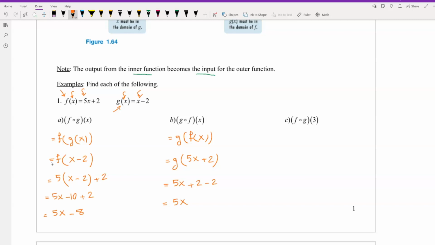Part C, f of g(3). So the inner function is g. And here g of x is x minus 2. So finding g(3), that is 3 minus 2, so it's equal to 1.